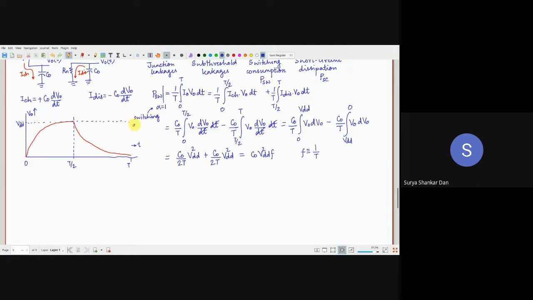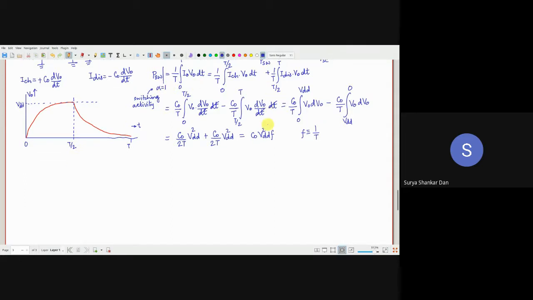We have to do a lot of problems on switching activity later on. This switching activity is very, very important, as we will see later on, and how to deal with it is something we will see. The switching activity is the probability that you are going to have a switching.